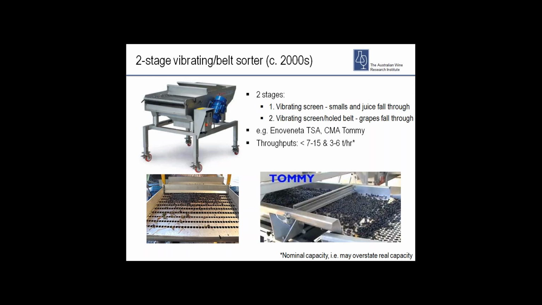And again, the petioles and stuff are getting conveyed off the end of that belt. In these devices, in between the first and second stage screens, there's usually some form of leveling bar or flat to ensure that only a single layer of material enters the second section of the device, therefore preventing excessive grape losses off the end of the device with the petioles, which might happen if you flooded the second stage of the screen.